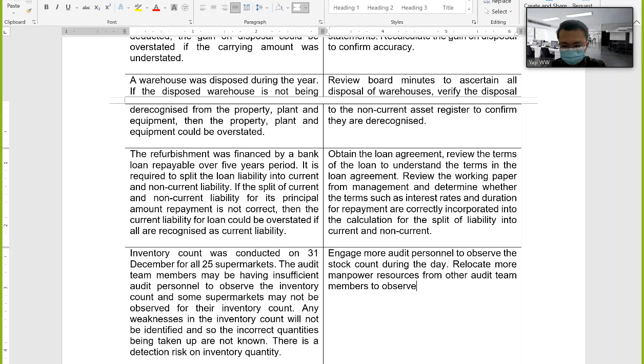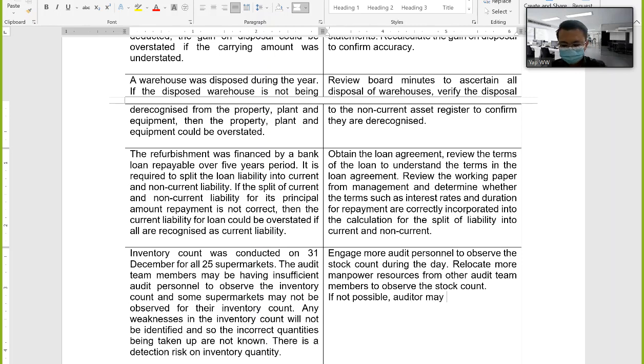Okay, ask some help from other departments to observe the stock count. Maybe the audit firm really has no staff. If not possible, okay, auditor can make use of the work of internal auditor. Okay, I will explain more about this later. Just put out the answer first.